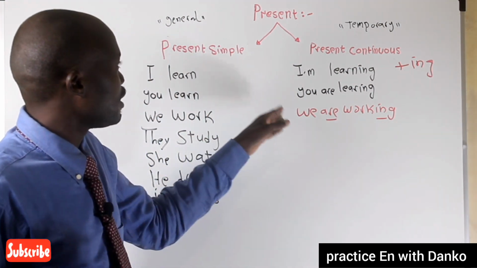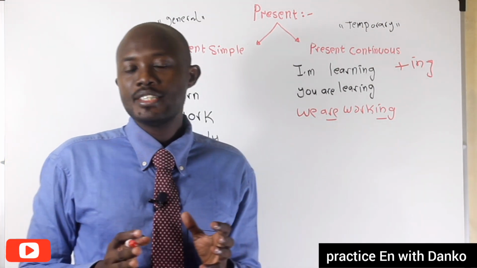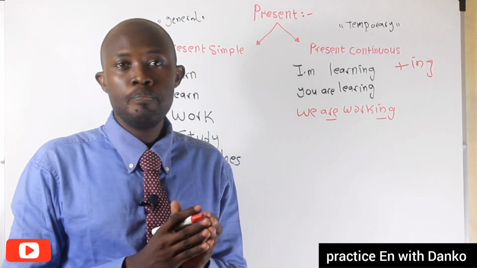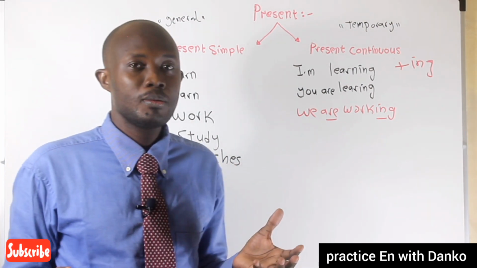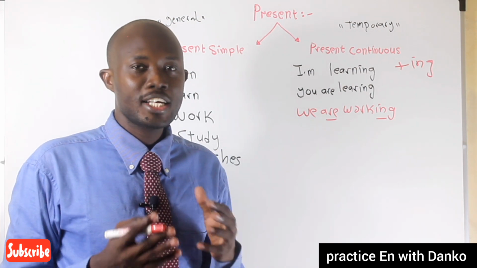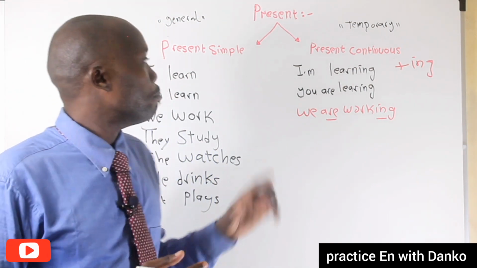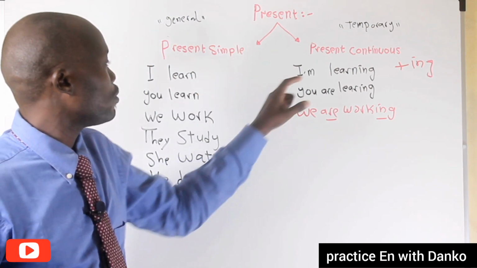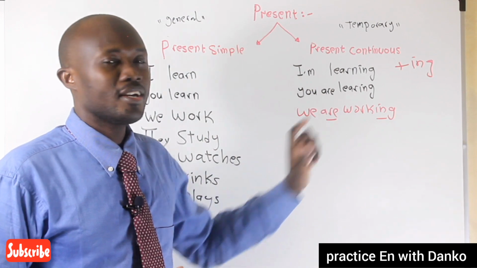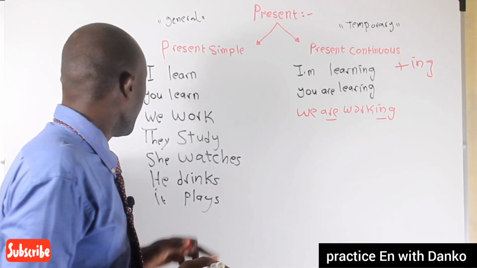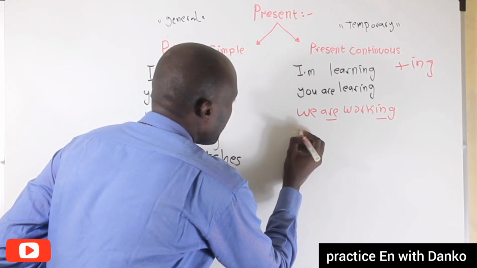That is present continuous. We're working at a temporary time or a short time. But here, we work. We have some work, but what kind of work is not classified. Just we work. We have some work to do. But when we talk about the present continuous, it becomes we are working. They study becomes they are studying.